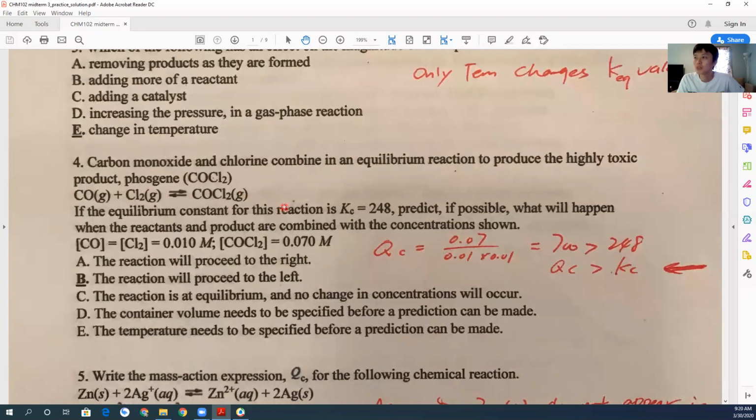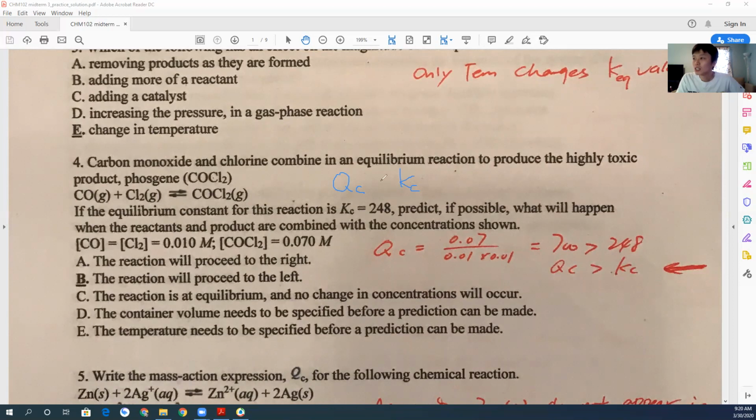So we want to determine which direction the net reaction proceeds. Remember, in this type of problem, we have to compare Qc with Kc. Qc is the reaction quotient, which could be at any time during this reaction, based on the concentrations of all the substances involved.